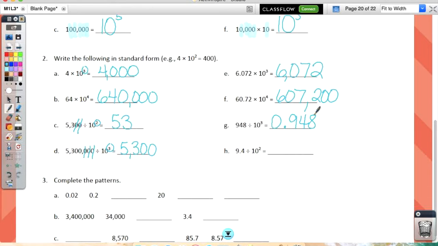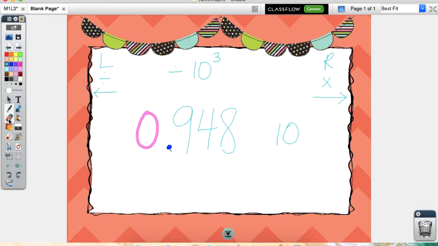Okay, this last one. Divided by 10 to the second. So if I've got 9.4, is it 9.4? Yes. Okay, so this is what I have to change. My exponent is now a 2, and I'm going to divide 9.4 by 10 to the second power. So how many times will I move the decimal? 2 times.